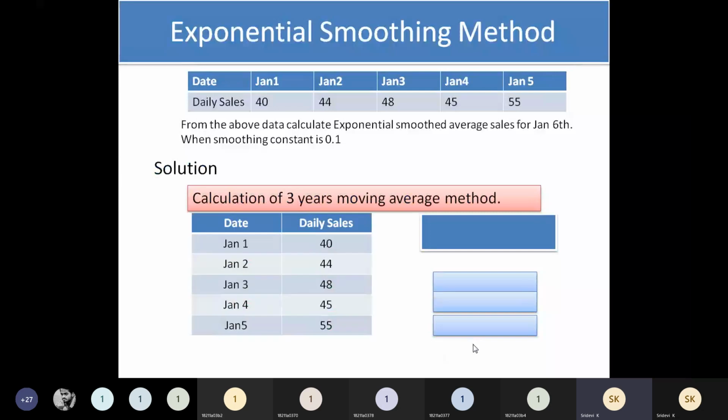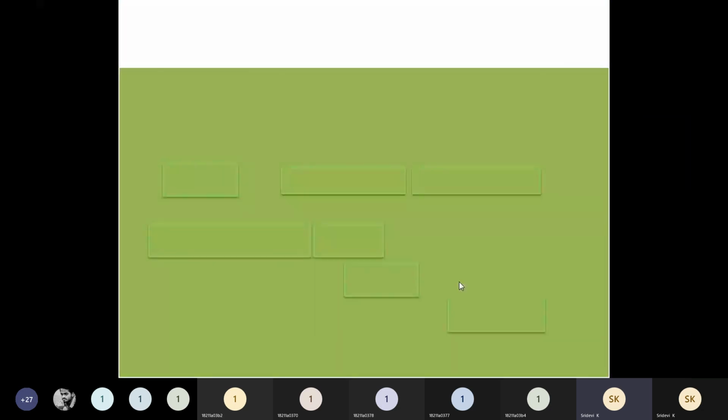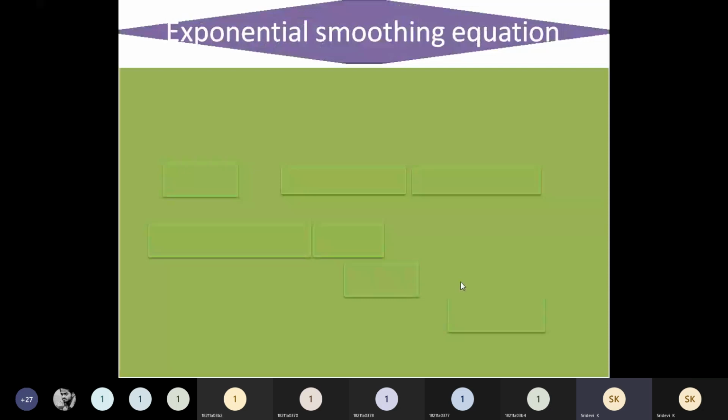The same moving average you need to do to apply this exponential smoothing method. With the 3 days moving average, I am predicting the sales. I have taken the same example so that it is easy for you to understand, with the same values. For this, we are going to find out the sales on January 6th, and what is the equation that you are going to use here.